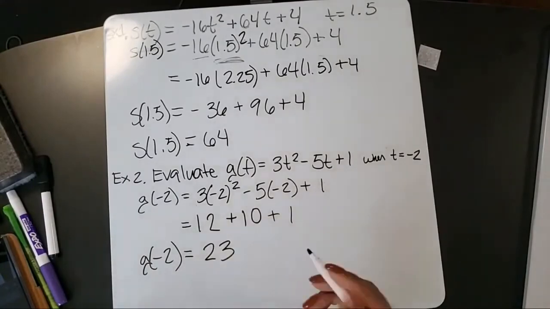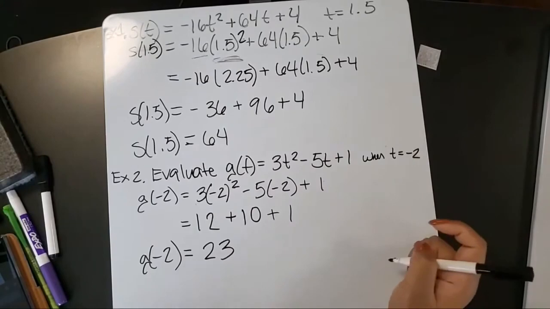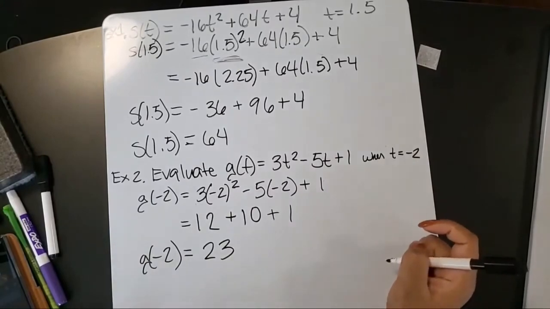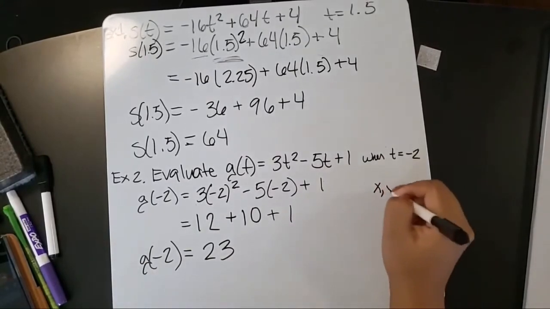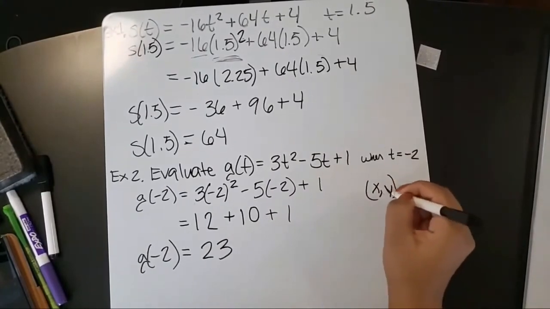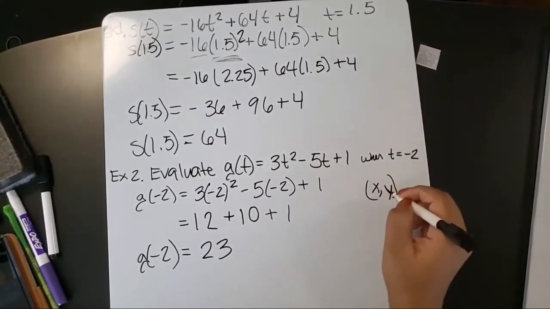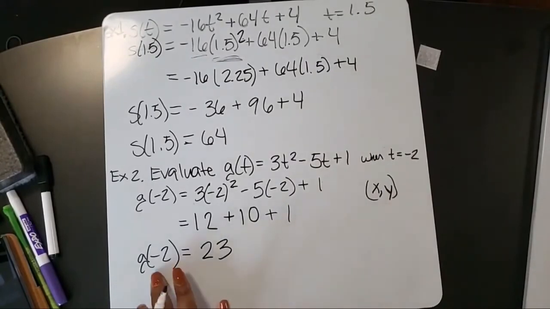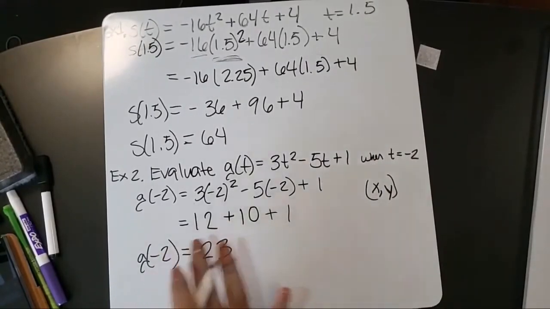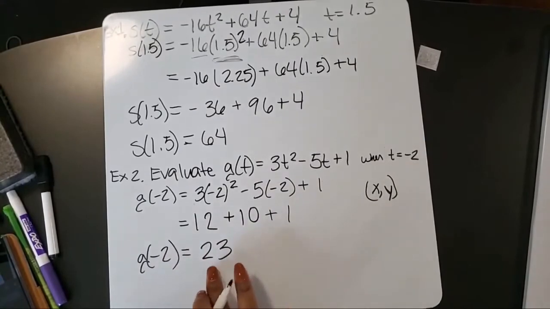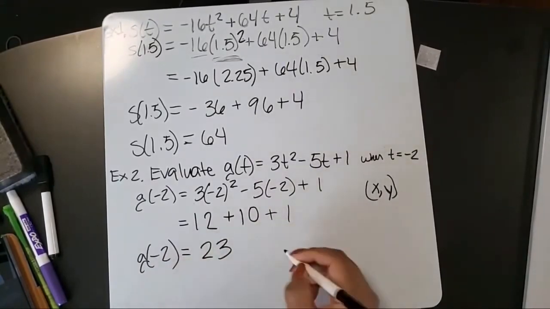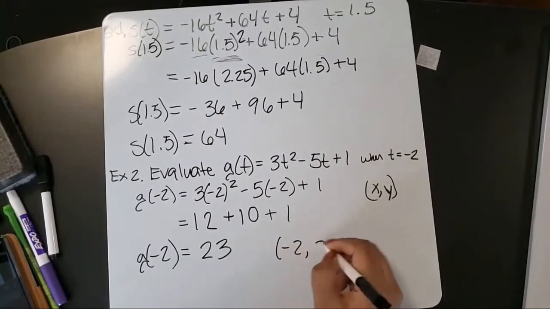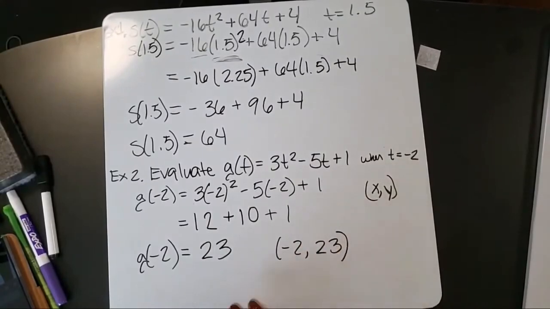So remember I told you guys that with the functions, the x and the y, the x is the input, and the y is the output. So in this particular problem, when t is -2, the output is 23. So if we had to write this as an ordered pair, it would be -2, 23.